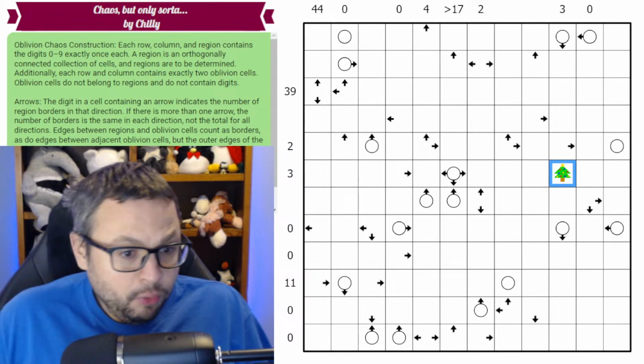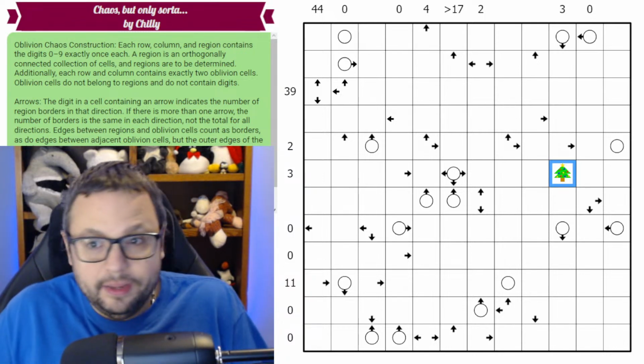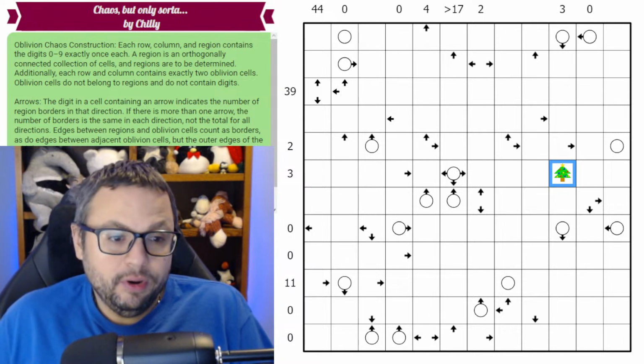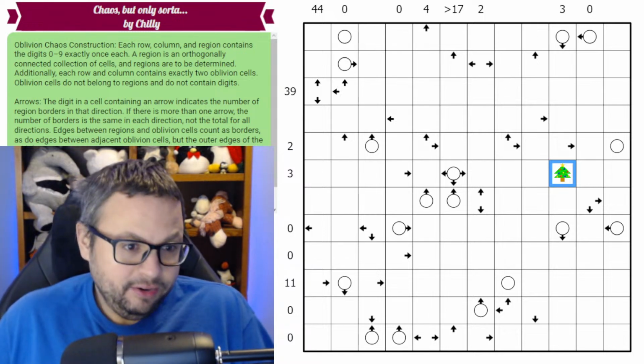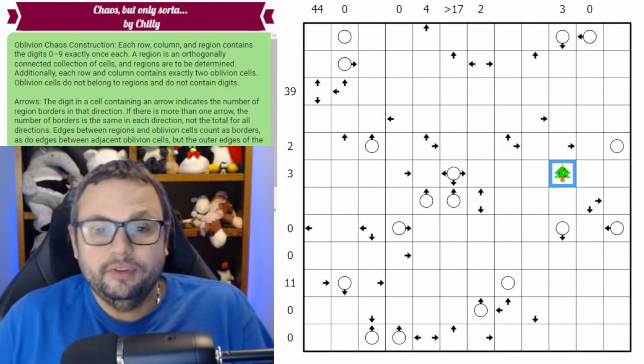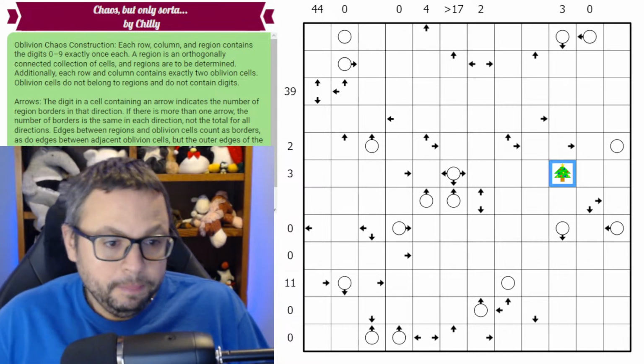So we are back with more Sortadoku. As a reminder, if you are not aware, we have this ongoing Sortadoku challenge where I asked people to set puzzles that were like Sudoku, but with some twist of some sort.